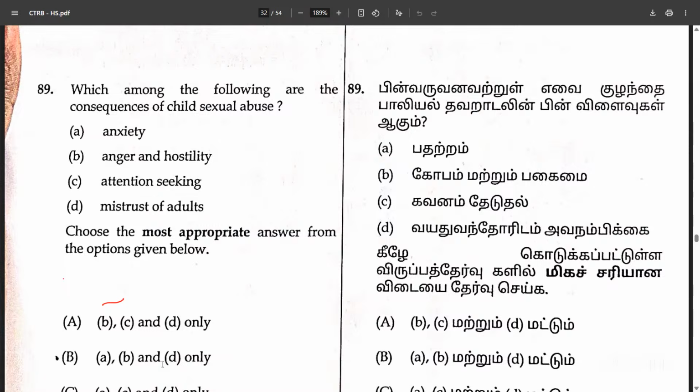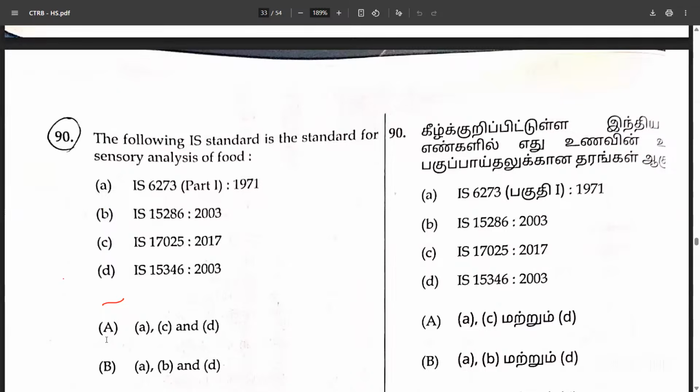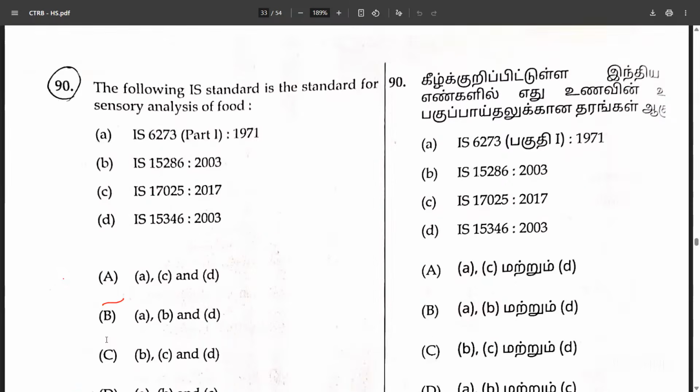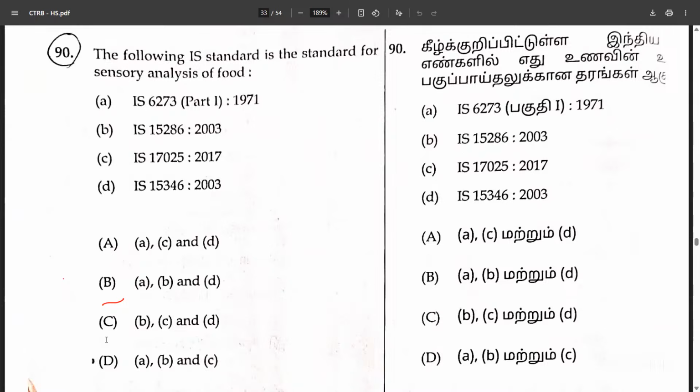Coming to the next question, 90th question, which is asking you which of the following IS standards is the standard of sensory analysis in food. Here they have given you IS 6273 part 1, IS 15286, IS 17025, and IS 15346. We'll simply eliminate D. IS 15346, nothing is like that as we have studied.